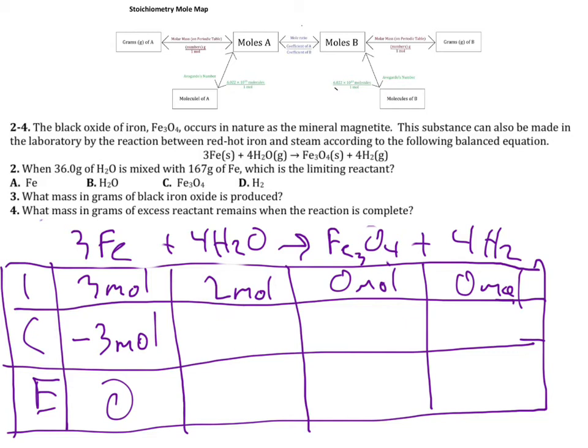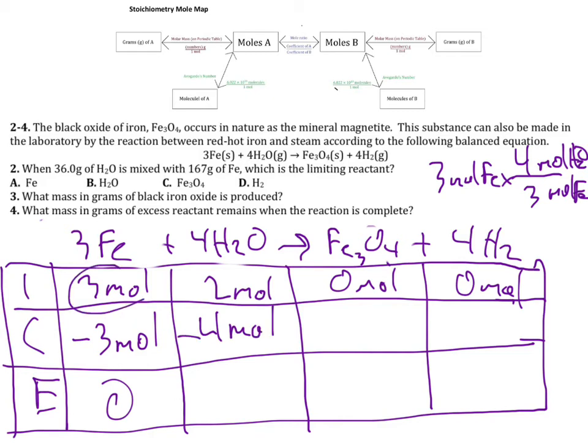Well, we know that if we start with 3 moles of iron, and we go from moles of iron to moles of water, this is a 4-to-3 ratio, and this ends up being 4 moles.